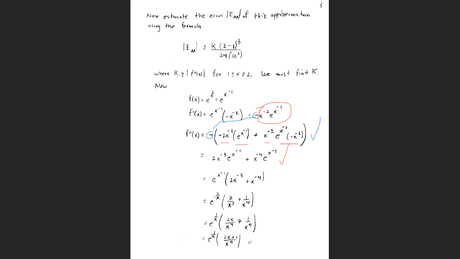X to the negative second times negative x to the negative second is negative x to the negative fourth, but the negative gets multiplied by that negative, and you end up with this. I'm going to factor out the common factor of e to the power x to the negative first. Just rewrite the second derivative in a nice form.